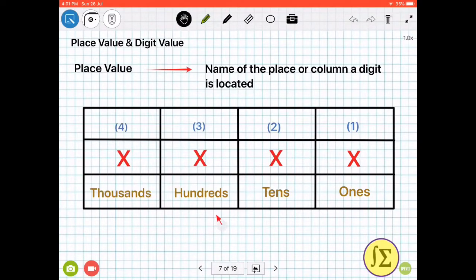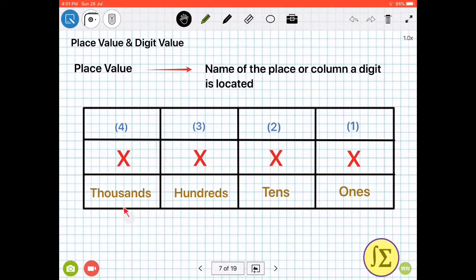And for a 4-digit number, the fourth number, or the leftmost number, the place value is called thousands. So place value relates to the name of the location where the digit is placed within a number. So it goes from right to left: ones, tens, hundreds, and thousands.